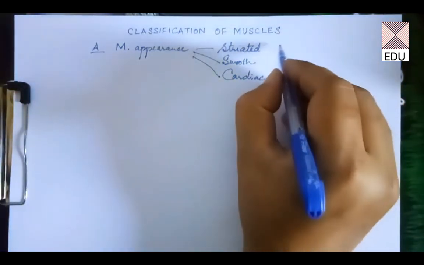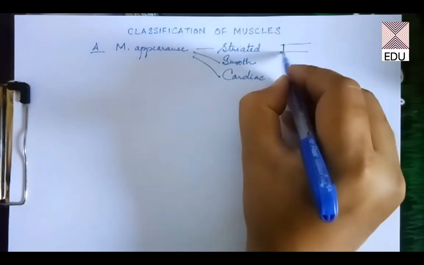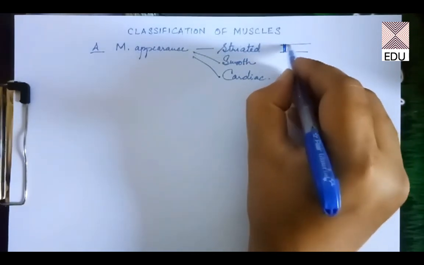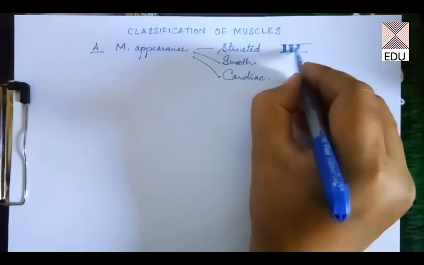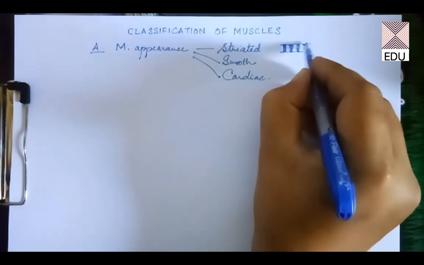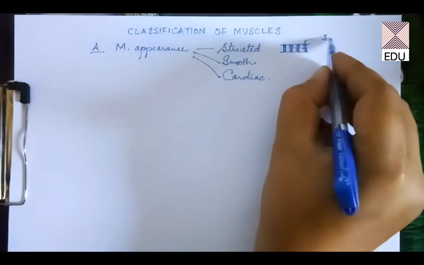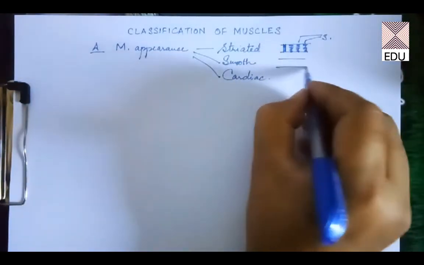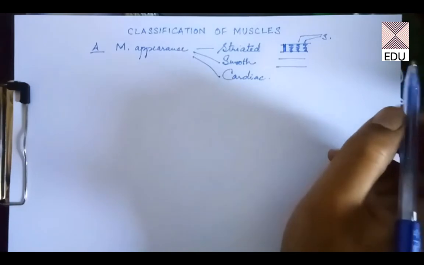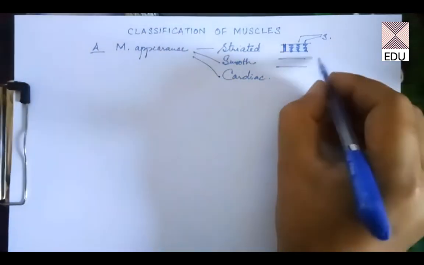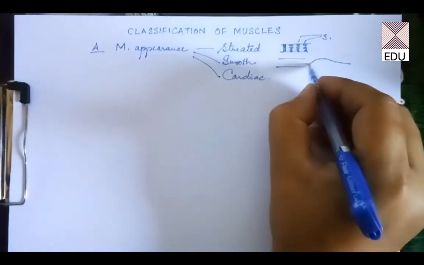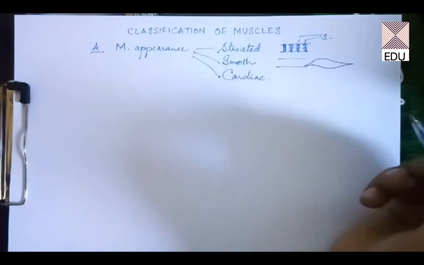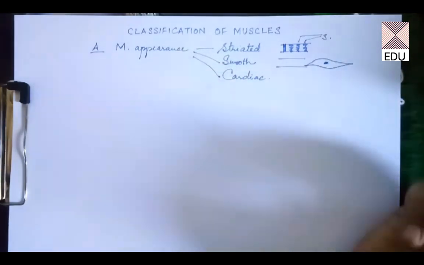If they are striated, they will have dark and light bands, which are also called striations. If they are smooth, they do not have any kind of striations. If we take a single muscle, this is a smooth muscle cell, so it does not have any striations.